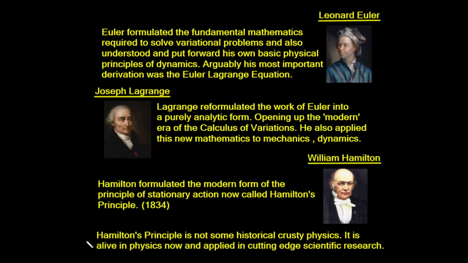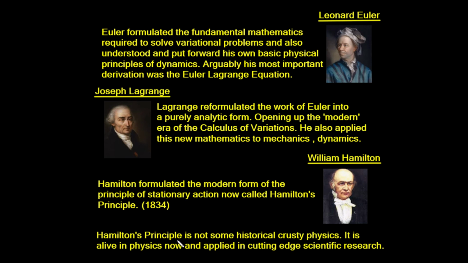So Hamilton's principle is not just some historical crusty physics, it is alive and well at the heart of physics today, and it is applied in cutting-edge scientific research. So for example, when quantum mechanics was first formulated, it was formulated partly through Hamilton's principle and the application of the calculus of variations.